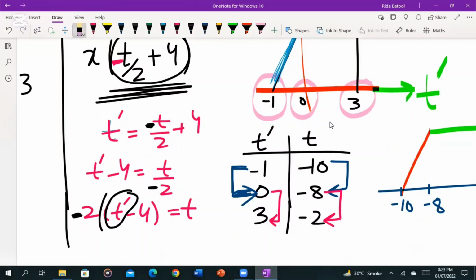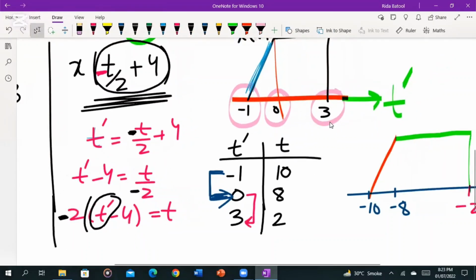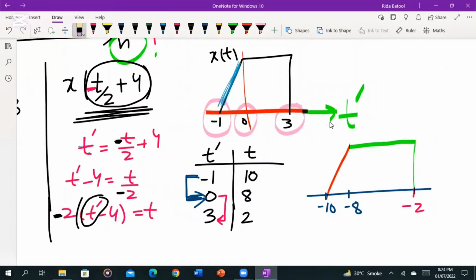Now what will you get if you put -1? So -1 -4 -5, -5 into -2 +10, then +8, then -1 +2. Now, how can you draw this signal?